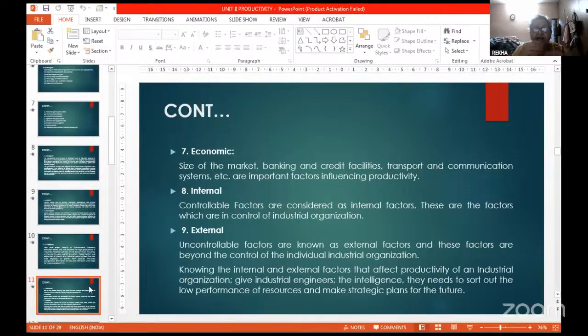Until you understand these, how will you motivate your workers to work harder, or get the material delivered to you in time? Even though it is not controlled by you, you can always try your best to get it in time, so that things move smoothly and your productivity increases.